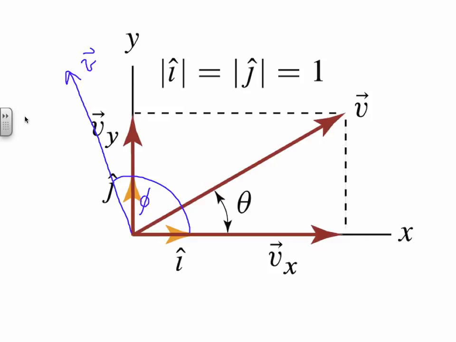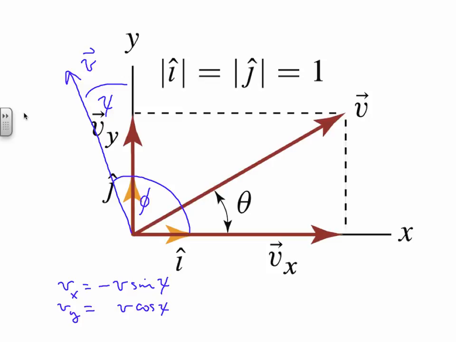If we define psi as phi minus 90 degrees, then we would say Vx equals minus v sine psi, and Vy is equal to v cosine psi. We might also simply say the x component of v is v sine psi in the minus i direction.